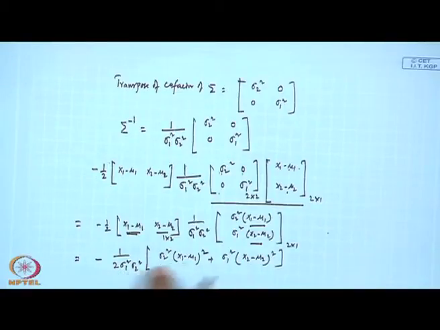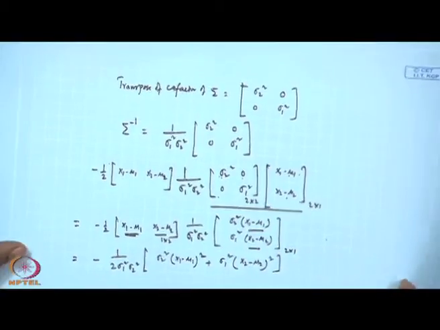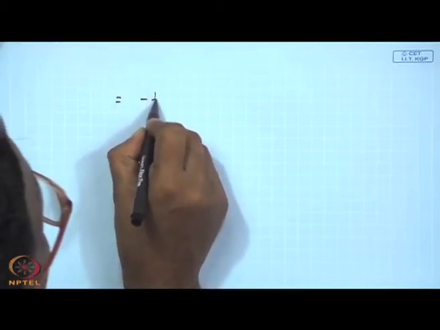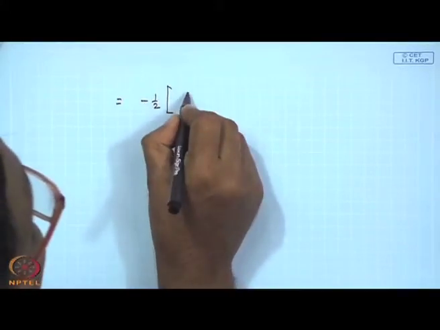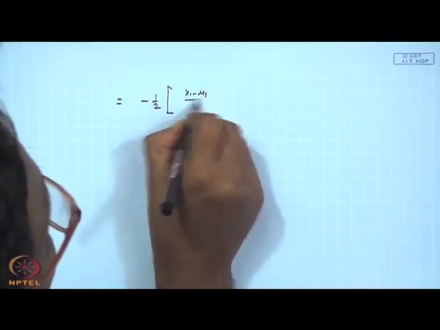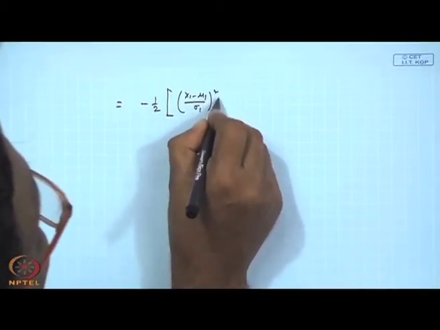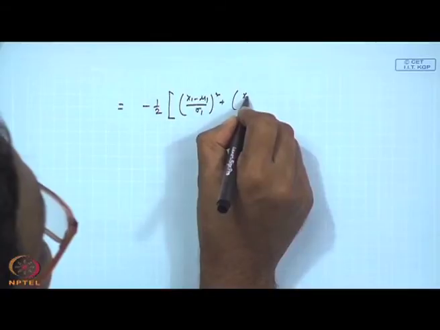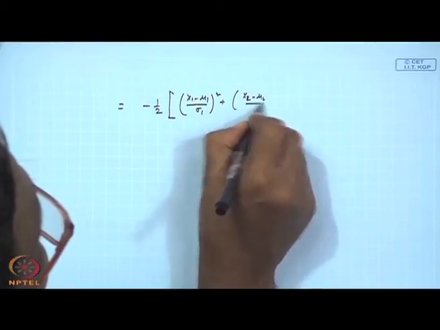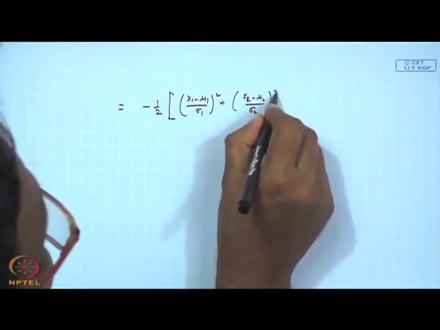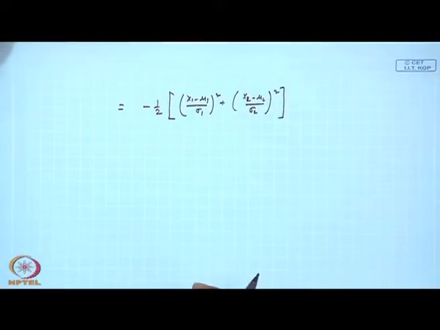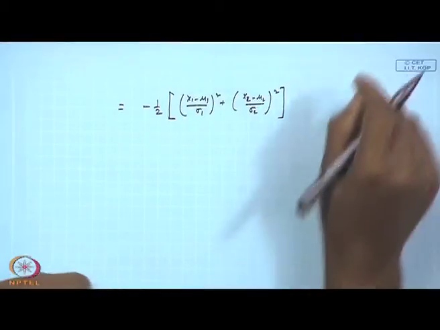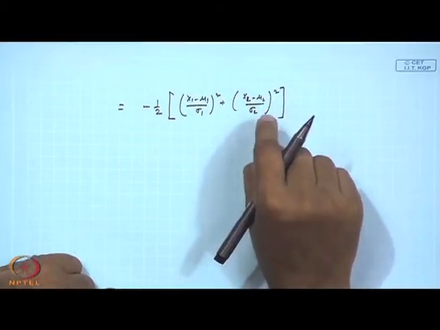If you divide these two by sigma 1 square sigma 2 square, what will you get? You will get minus half, then x 1 minus mu 1 by sigma 1 square, plus x 2 minus mu 2 by sigma 2 square.